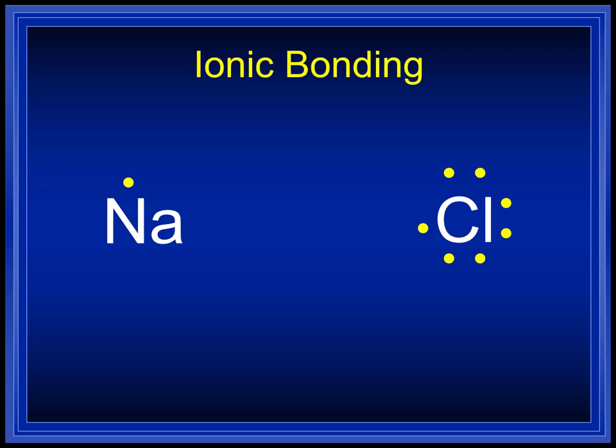Well, where does the electron that sodium loses go to? Where does the electron that chlorine gains come from? That electron gets moved from the sodium to the chlorine. Now they both look like noble gases, except they have charges.